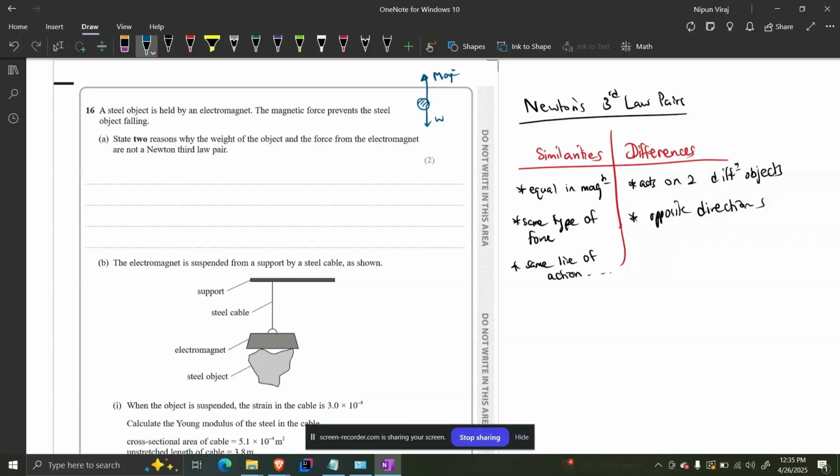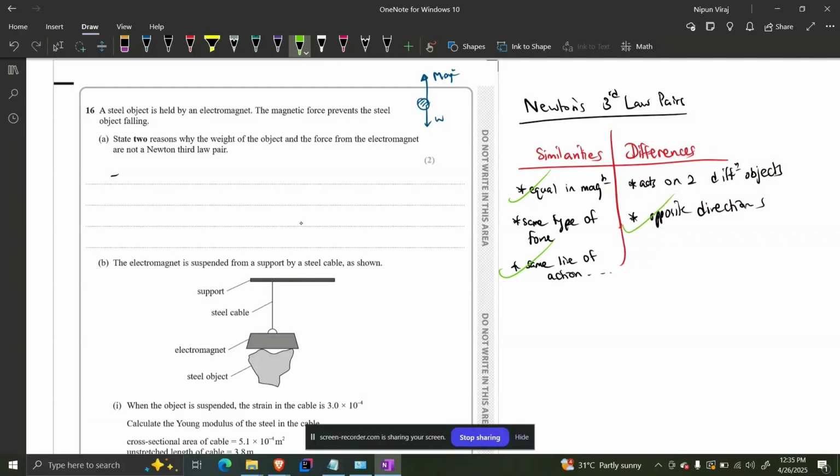If they want to be a Newton's third law pair, they need to satisfy these similarities and differences. Okay. So they are asking why these two may not be a Newton's third law pair. So we can say one reason just by looking at this. Now, this is satisfying certain similarities. For example, this similarity is satisfied by these two forces. This similarity is satisfied by these two forces. Same line of action.